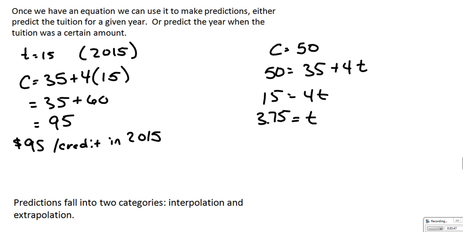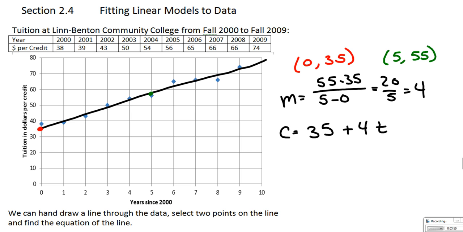So the model's predicting that late in the year 2003, not quite in the year 2004, was when the tuition first hit $50 a credit. We go back to our graph. That seems reasonable. In the year 2003, 2004, our tuition's first getting up around $50 per credit.